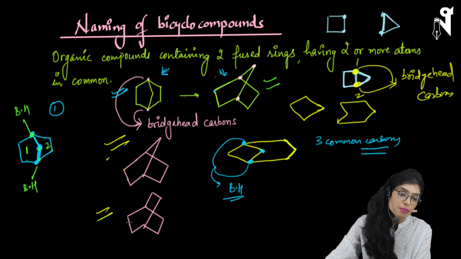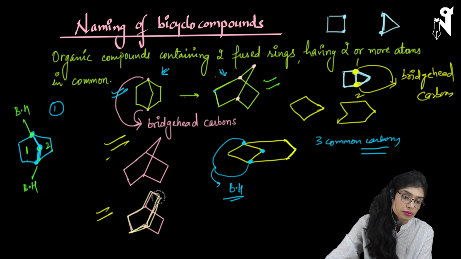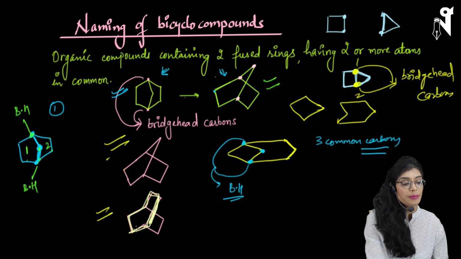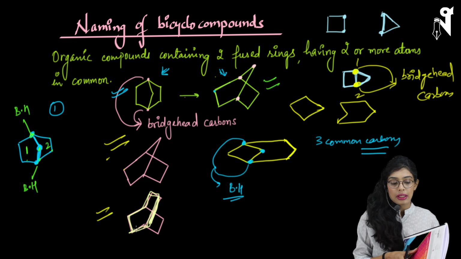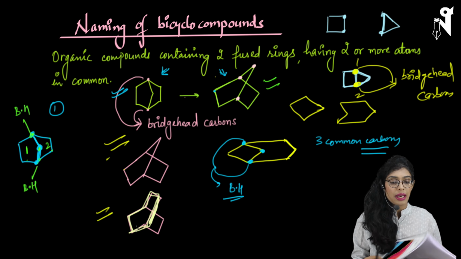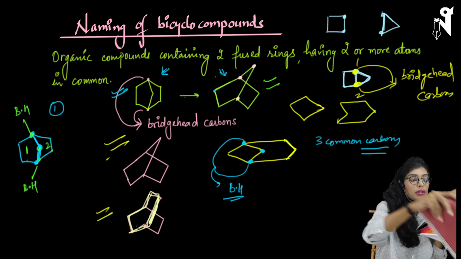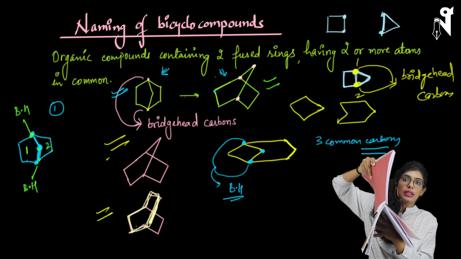So basically this part is my ring 1. You have this as a thing, and you put this as a separator.